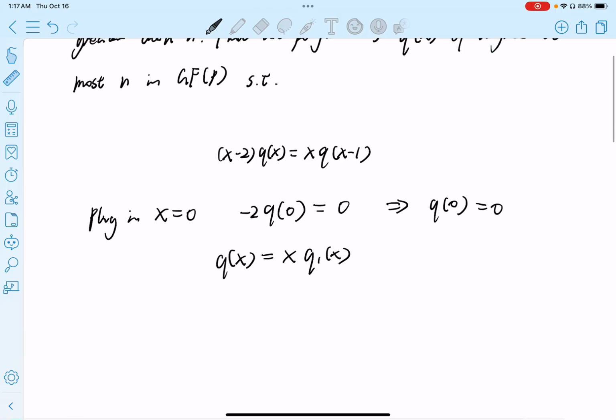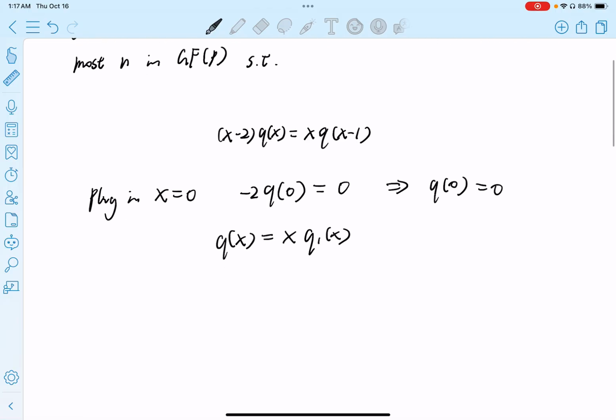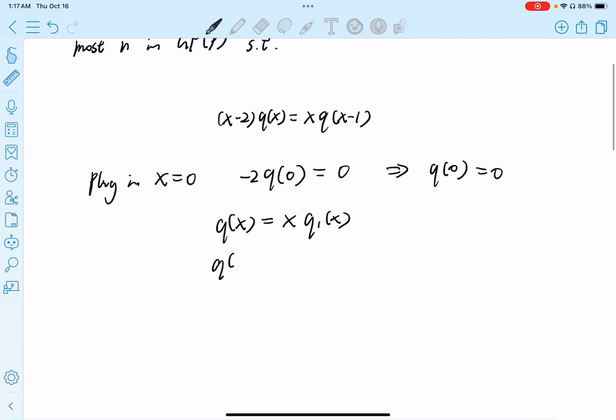And this also tells us q of x minus 1 is equal to x minus 1 times q1 of x minus 1. We just substitute x with x minus 1, and this gives us this formula.